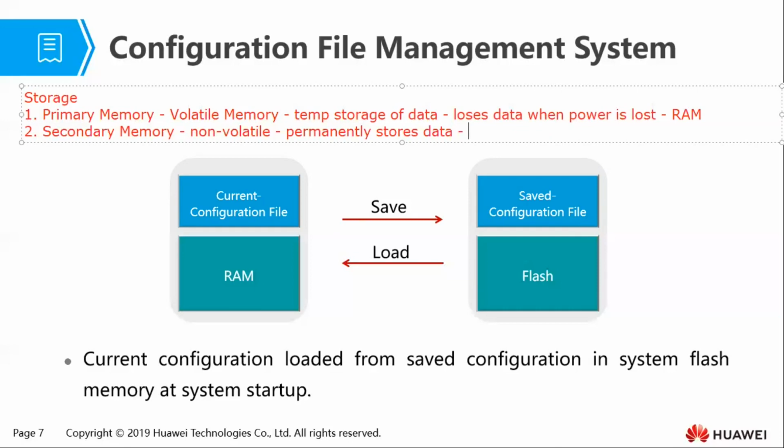been stored there. Now this permanent memory in Huawei devices is called flash. This name can be confusing because sometimes the RAM is also referred to, I think, as the flash memory. But in Huawei devices, the permanent memory is known as the flash memory.